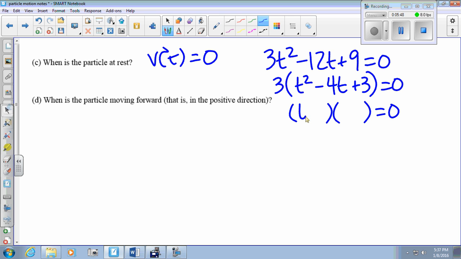So to get t squared minus 4t plus 3, I need to multiply -1 and -3 to get +3, and that will add up to -4 for your middle term. And when I set each factor equal to 0, I end up with t equals 1 and t equals 3. So my particle comes to rest after 1 second and after 3 seconds.